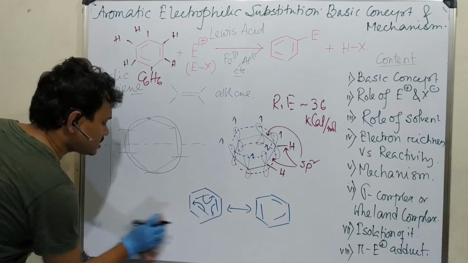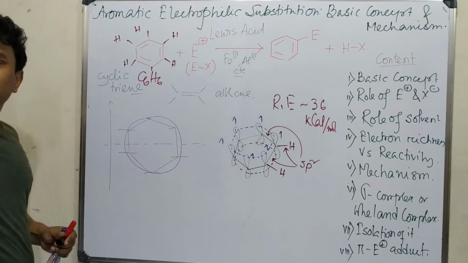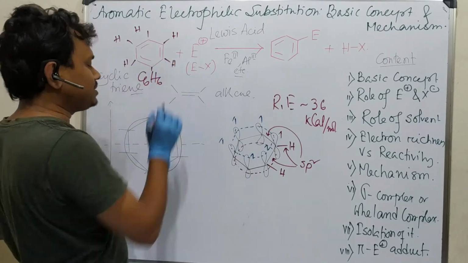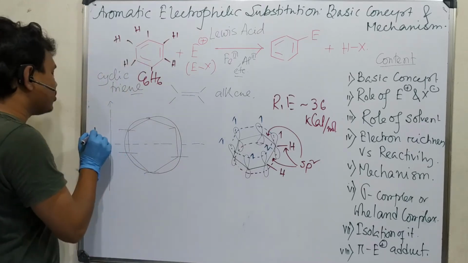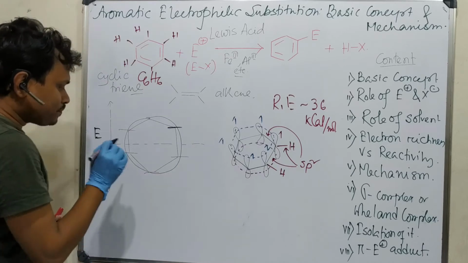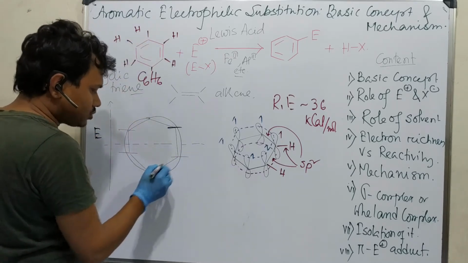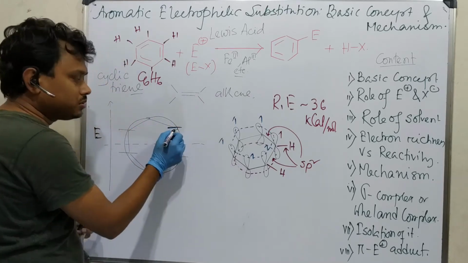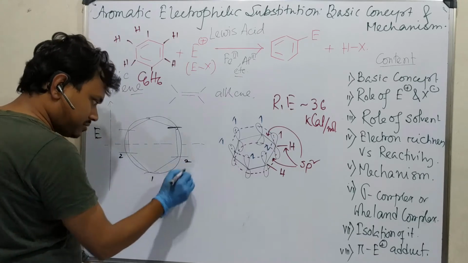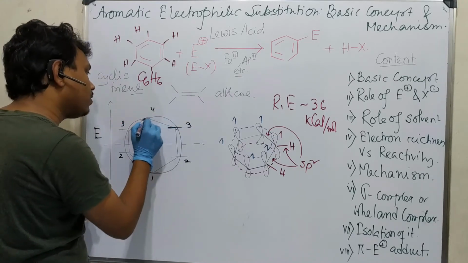And this should be represented easily using a Frost diagram. This left side diagram is known as a Frost diagram. So what is it? Actually, benzene has 6 electrons. This is a MO diagram of benzene. How are these electrons arranged? Benzene has 6 electrons and we have 6 orbitals. These 3 are bonding, this is 1, 2, 2, and these 3, 3 and 4, are anti-bonding.